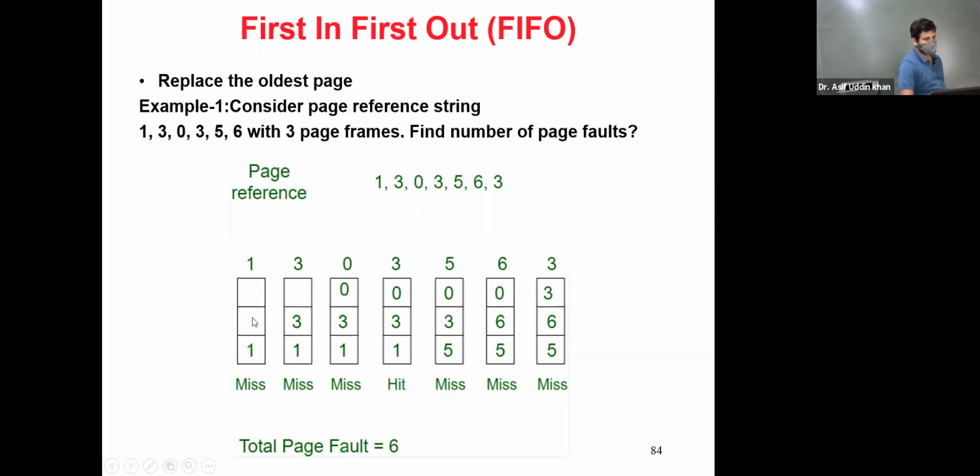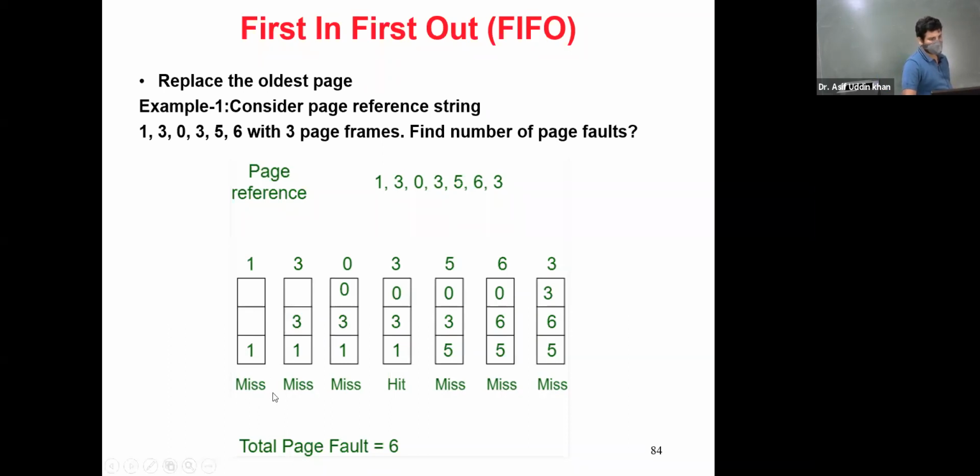Now initially, the processor first requires page number 1. Then 3, then 0, then 3, then 5, then 6, then again 3. So this is the sequence in which the processor requires the pages one after the other. So first it requires page number 1, and initially I told you that all the frames are vacant. So when it searches in the page table and sees that there are no pages available in the frame, that means a page fault occurs.